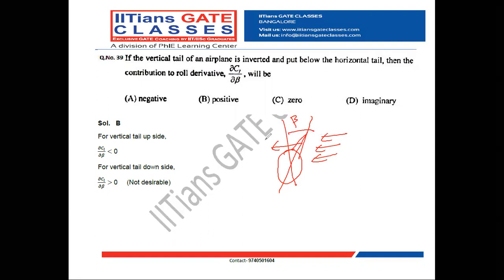Since CG is somewhere here and the side force is somewhere above CG, it creates a stabilizing rolling moment.